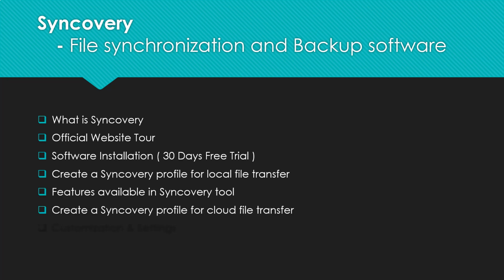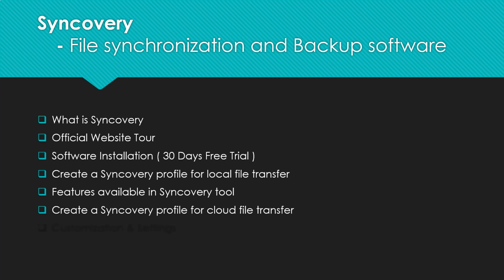Next is creating a Syncovery profile for moving local files to some cloud storage. I am going to use Azure Blob Storage for the demonstration, but you will have an option to use AWS, Google Drive, or whichever cloud storage you are comfortable with.